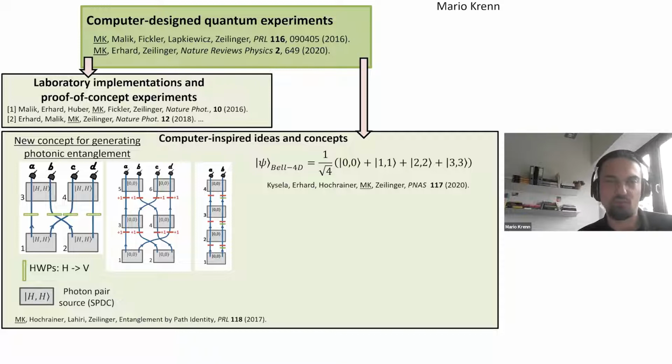If it's produced in the third crystal, it's shifted to 2, 2, and then in the lowest crystal, it's shifted to 3, 3. So if we can create this system in a coherent superposition, what it gives out is a superposition of 0, 0, plus 1, 1, plus 2, 2, plus 3, 3. That means that's a 4-dimensional entangled system.